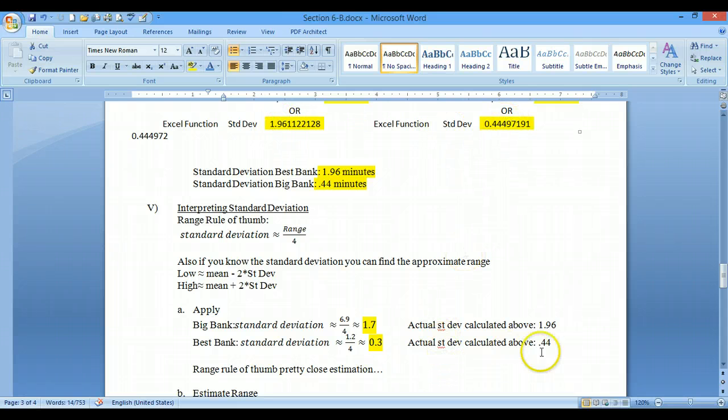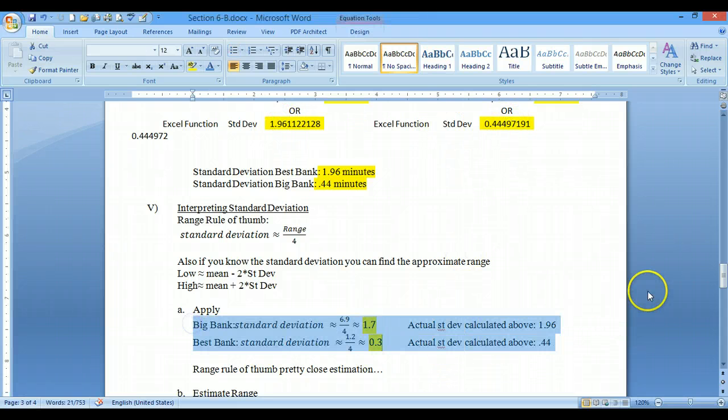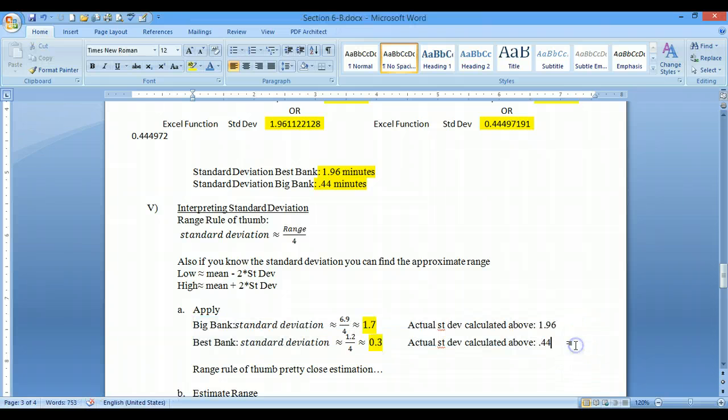The range rule of thumb is pretty close. It's not perfect because it's rule of thumb, but it kind of gives you an idea of how to do it without having all of the data points.